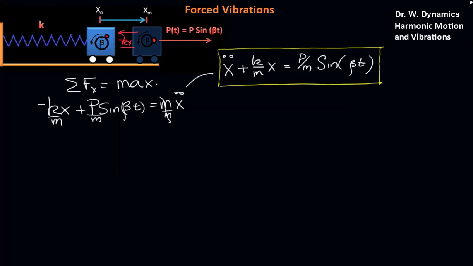where we recognize our normal harmonic motion differential equation. In fact, here is our omega squared term. And now it's non-homogeneous because we have an extra forcing function on this side.